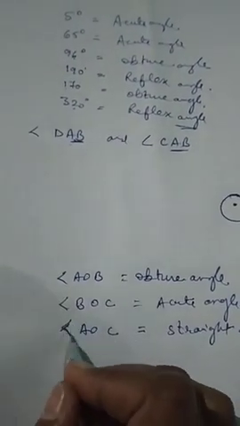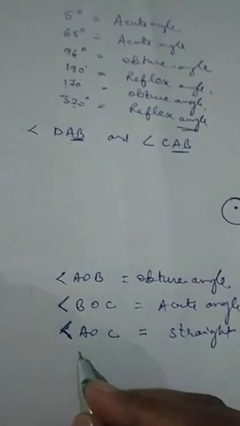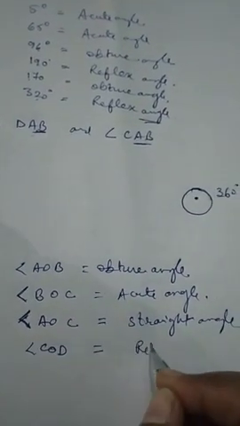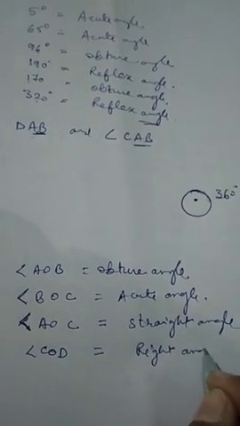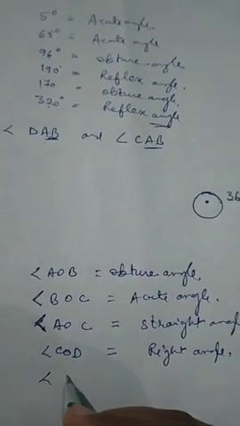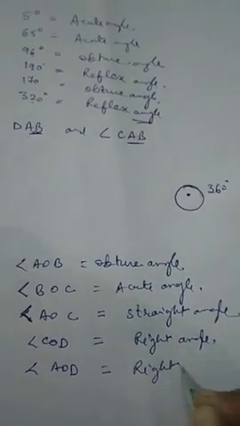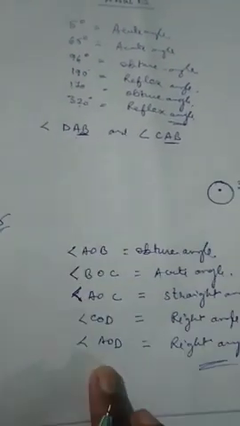Okay, this is the symbol of angle. Okay. Now angle COD, that is right angle. And angle AOD, that is also right angle. Got it? Any doubt?